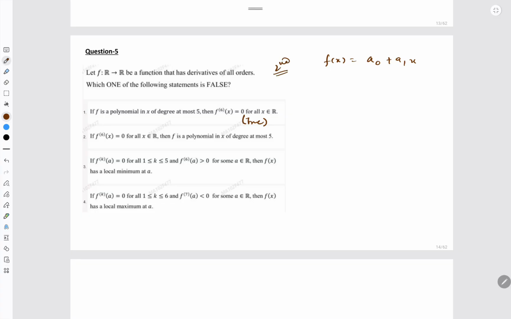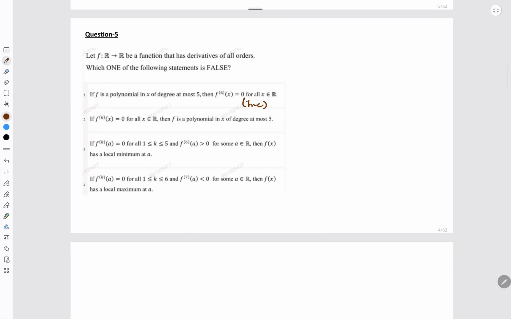So let us do a second derivative. f dash of x is a1, f2 of x is what? 0, right? So same thing. If the degree of the polynomial is m, then the m plus 1th derivative has to be 0. So this is true. So it is asking which option is false.